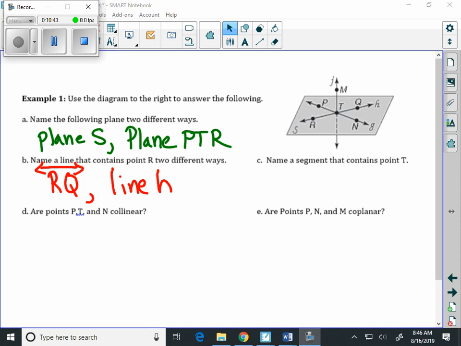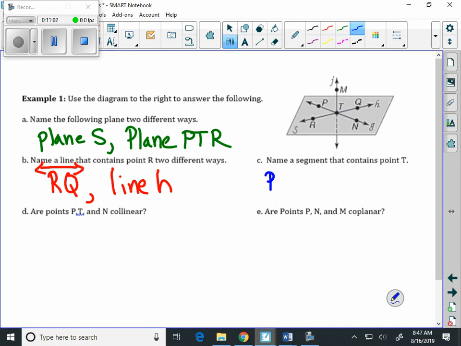Name a segment. So remember, with regard to a segment, we're going to have a line on top of it, no arrows. Name a segment that contains point T. Well, there's lots of options here, but we could say something like PT.